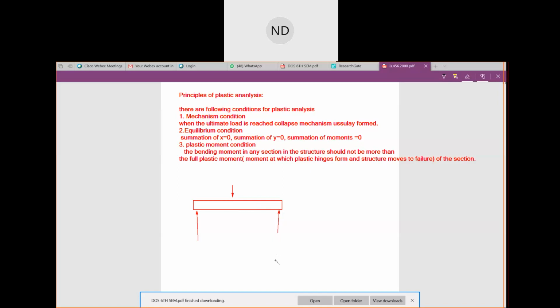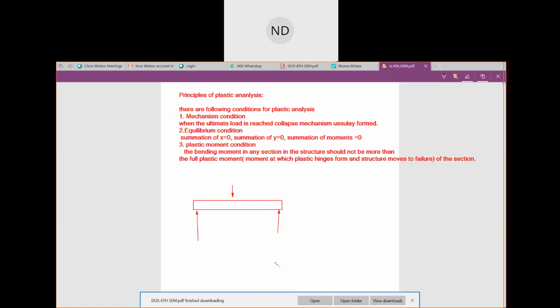At that time your beam cannot take up any additional moment, but it may maintain this moment for some amount of rotation and will act as a plastic hinge. Plastic hinge means having no capacity to resist this moment; it will behave like an ordinary hinge, which will allow free rotation about itself.